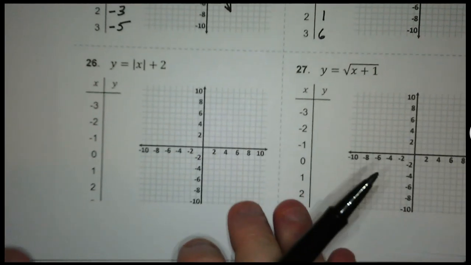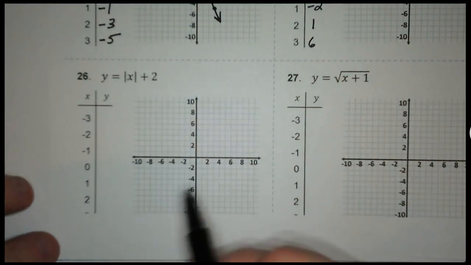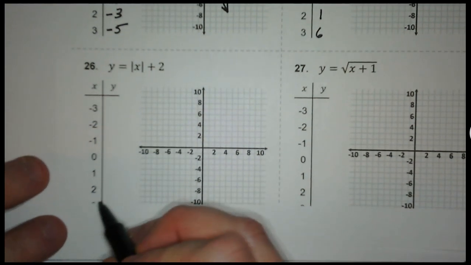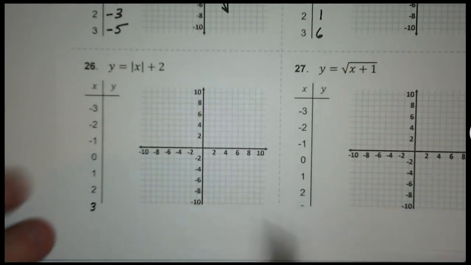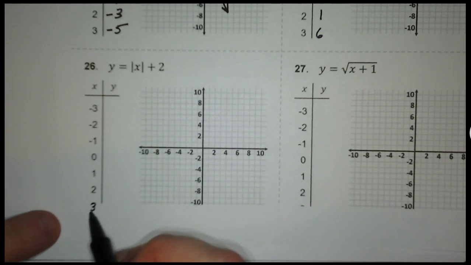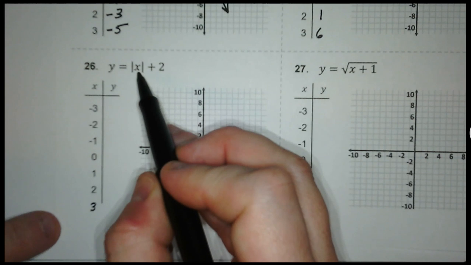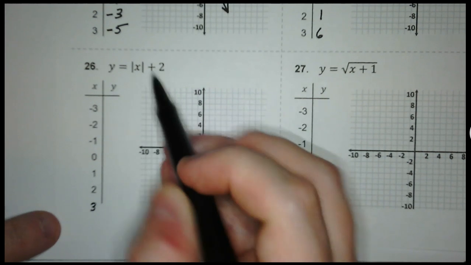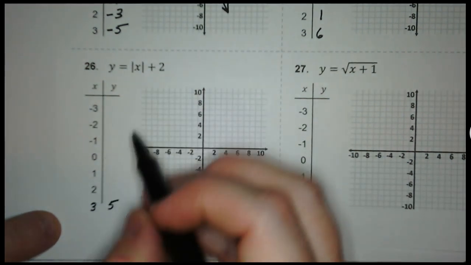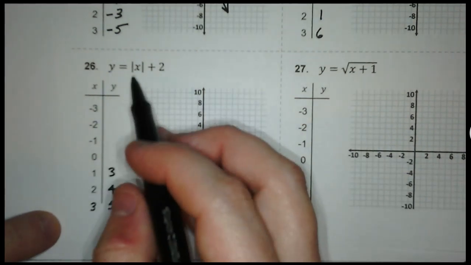26, there's a similarity here to number 25. You know what I mean? I guess this is supposed to be a 3 that got chopped off on the printer. When you plug in 3 for x, this says absolute value. The absolute value of 3 is just 3. Plus 2 is 5. The absolute value of 0 is just 0.